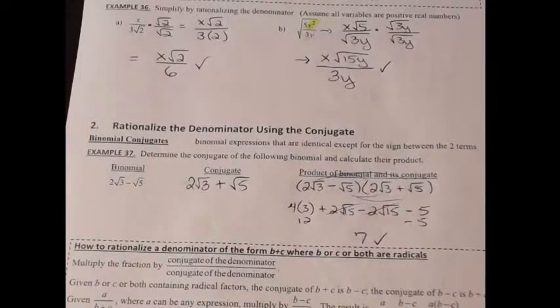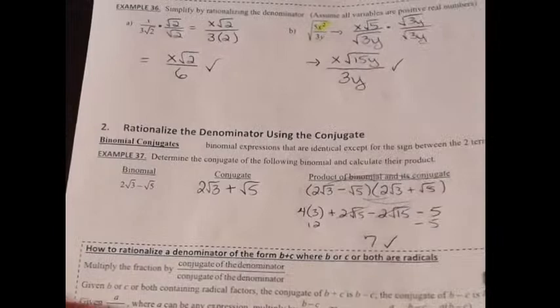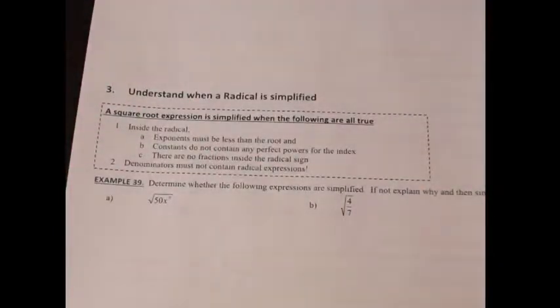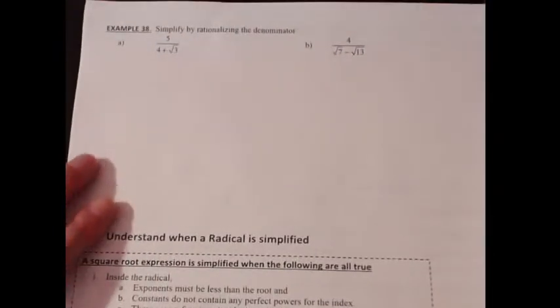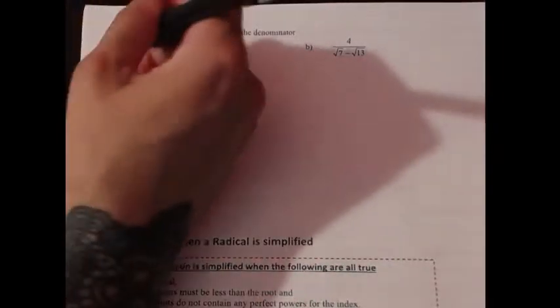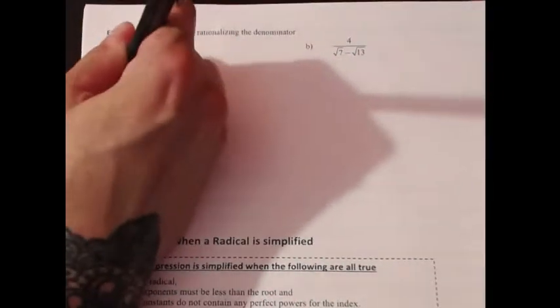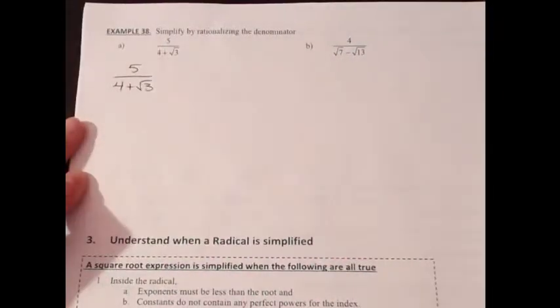So the product of a binomial and its conjugate eliminates the radical, and it leaves you with a constant. That is very interesting. Let's see this in action. 5 over 4 plus square root of 3.